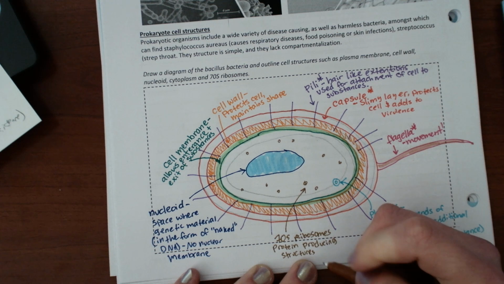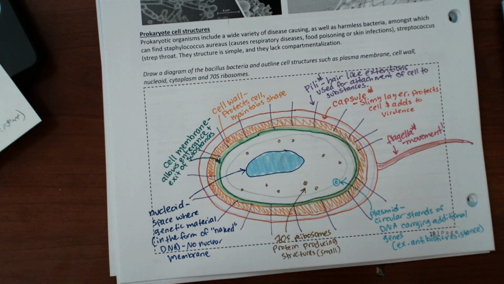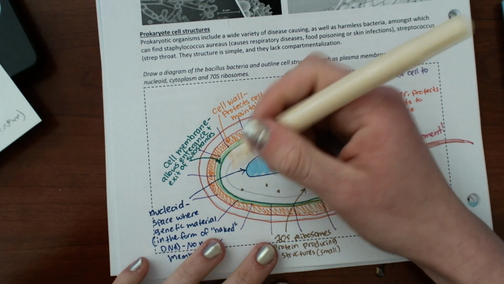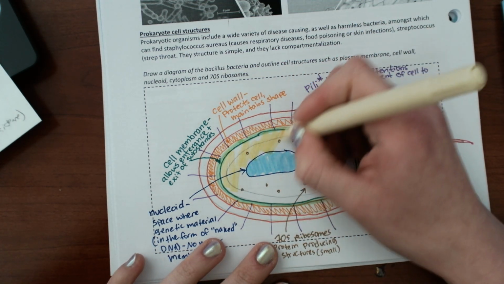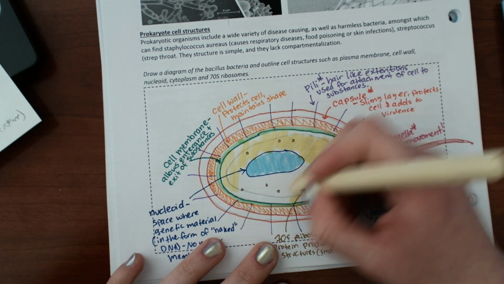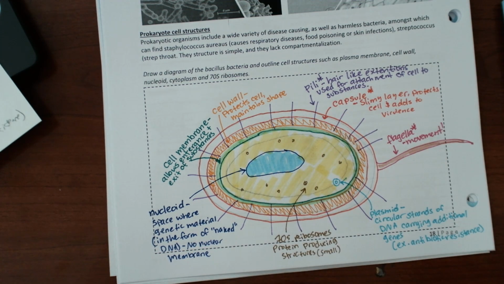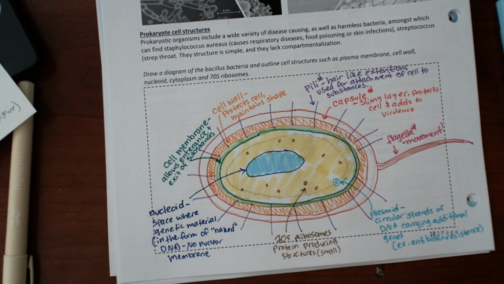And they're 70S, they're smaller than in eukaryotes. So we're just gonna write small. I have space. And then for cytoplasm, it's just gonna be yellow. So I'm just gonna color it in. You know what? We're gonna write in yellow too. I don't care. Being a rebel today.